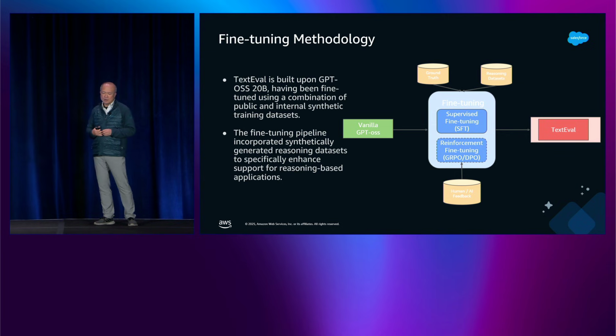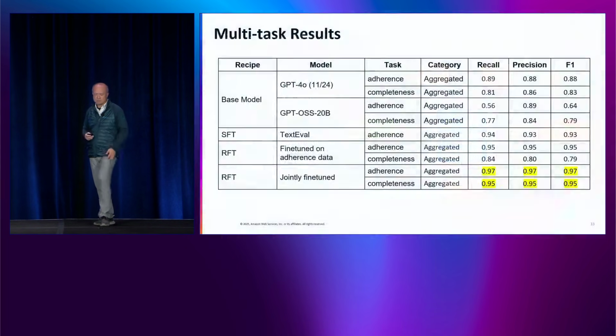So the pipeline went through a combination. It's a mixed training model between SFT, except with a reduced data set, along with so-called GRPO, which is this reinforcement fine-tuning technique that Shreya has talked about. And the result is text eval, literally within hours, right? Rather than what previously would have taken weeks.